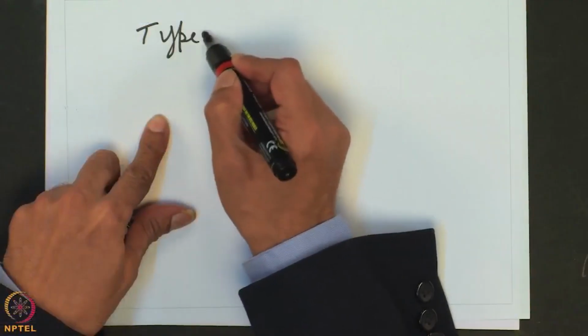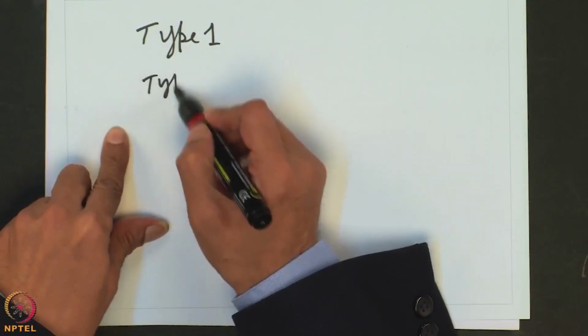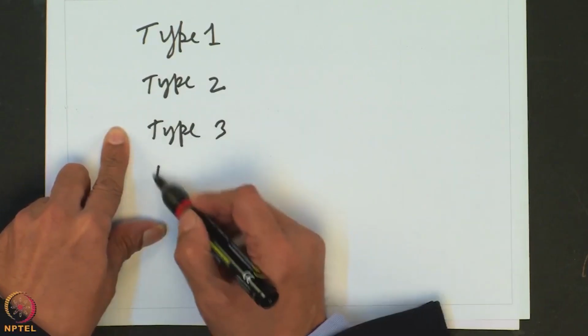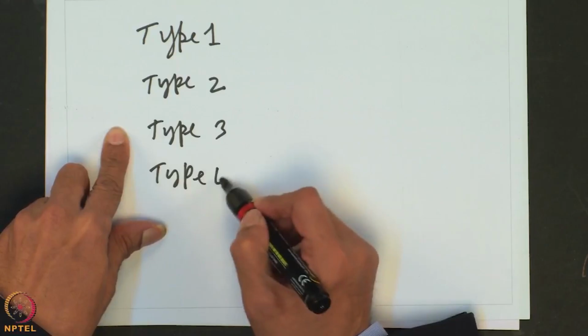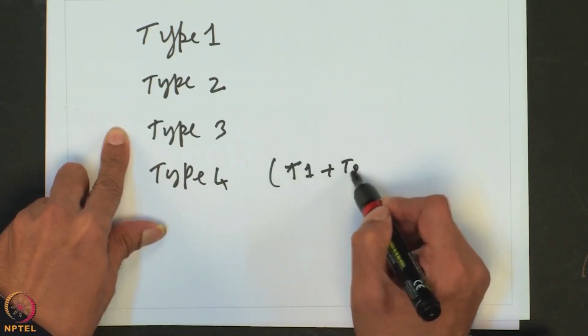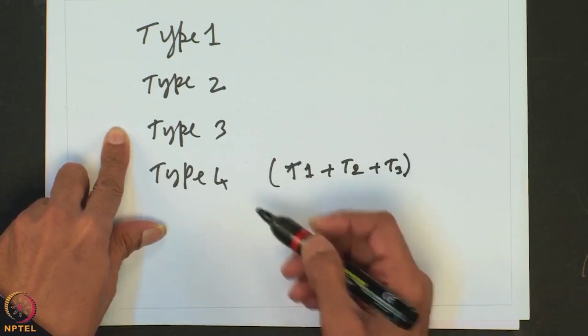Welcome you all to the next class on Inorganic Chemistry of Life, Principles and Perspectives. In the previous class I talked to you about a few aspects of copper proteins, which are categorized as type 1, type 2, type 3 and type 4, where you have T1, T2 and T3 all present.